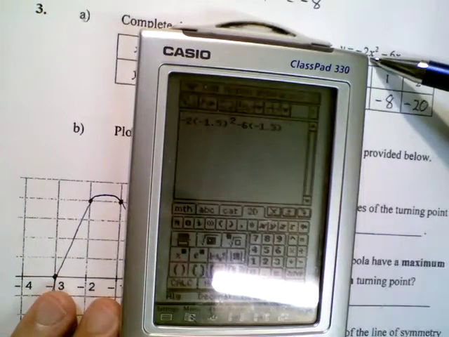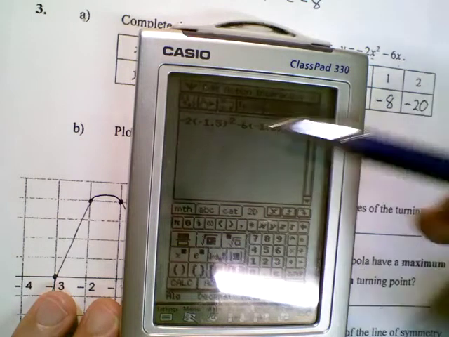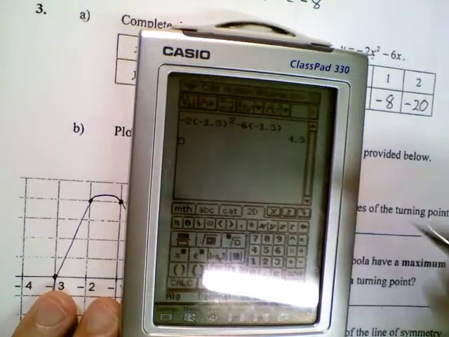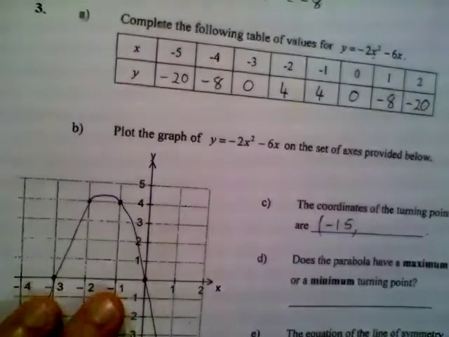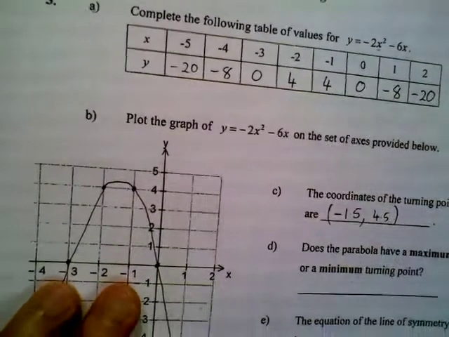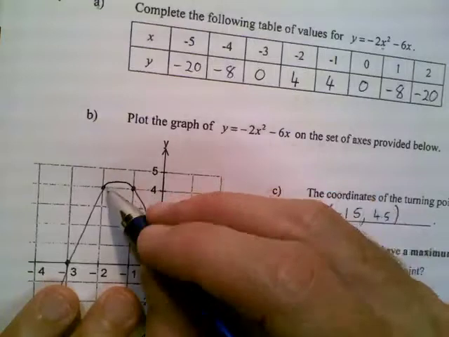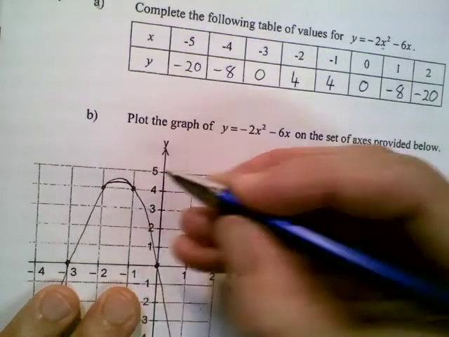And we'll just press execute on that, and our answer there comes out to exactly 4.5. Okay, so there's our coordinates. And we can see perhaps from my graph here, I've drawn it probably a little bit flat through there. Should have gone a little bit higher up to about there.